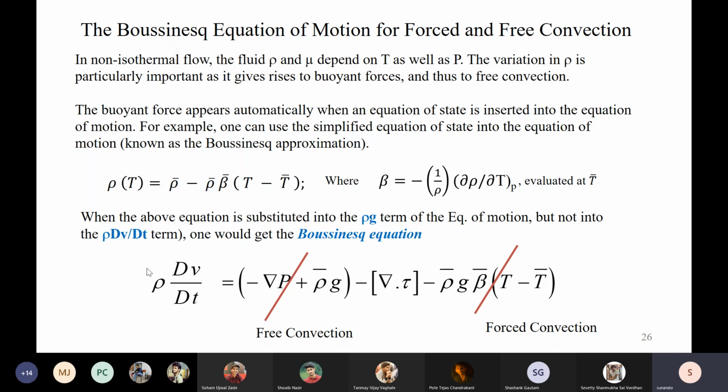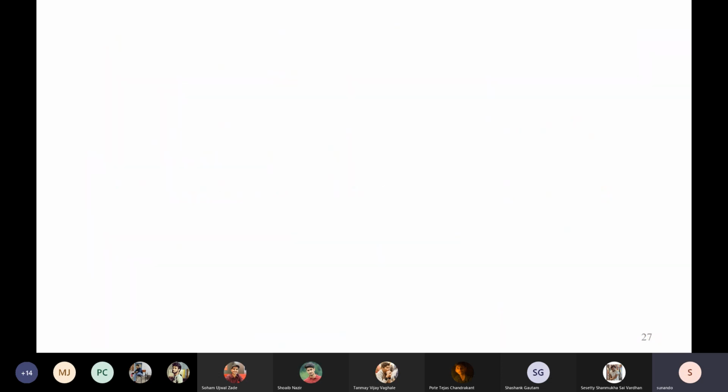So with the simplified Boussinesq approximation, you now can have an equation of motion, and you know what to do for the case of free and forced convection. So this is sufficient for us now to go and try to see what the equation would be.